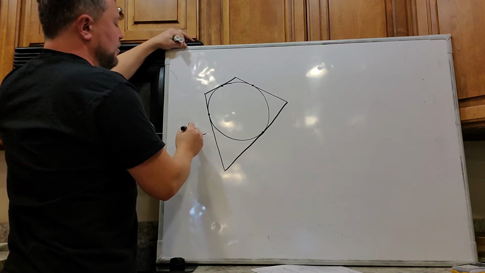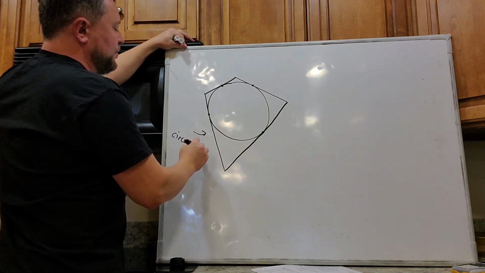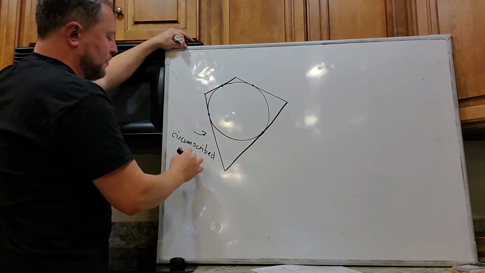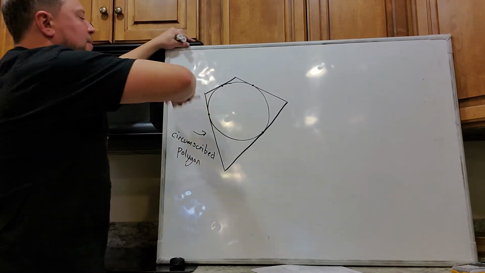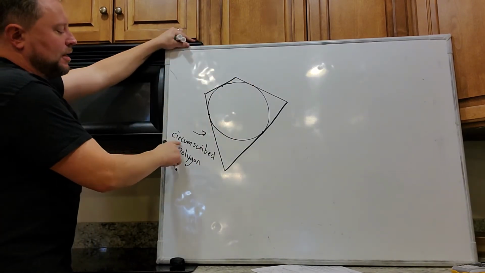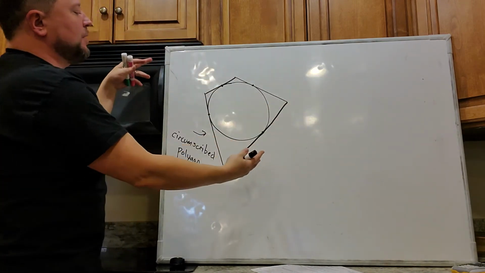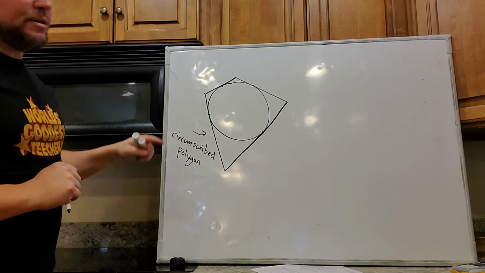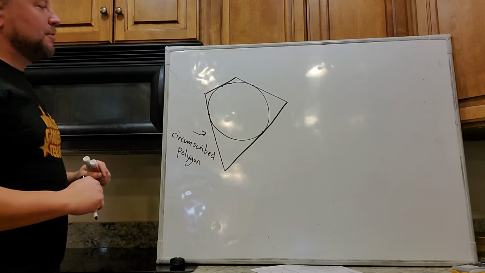This polygon would be called a circumscribed polygon. To circumscribe means to go around the outside of something. Okay, so instead of inscribed inside, circumscribed means outside, goes around the outside. So a circumscribed polygon is made up of tangent after tangent after tangent for each of the sides.